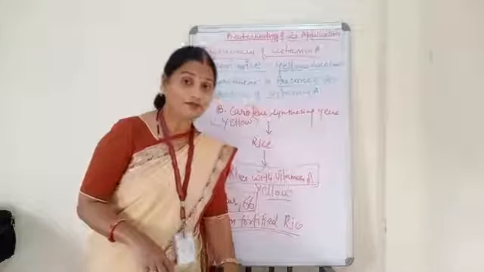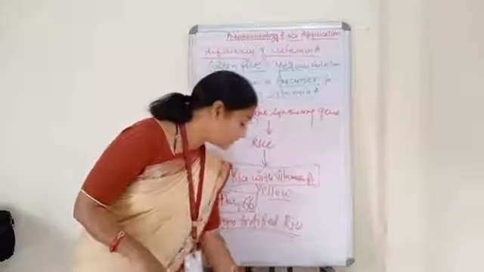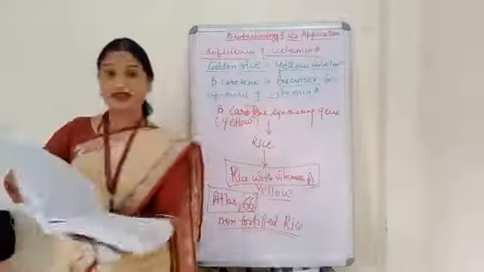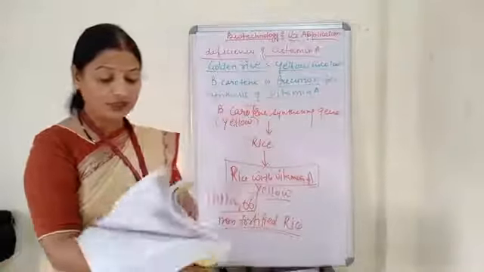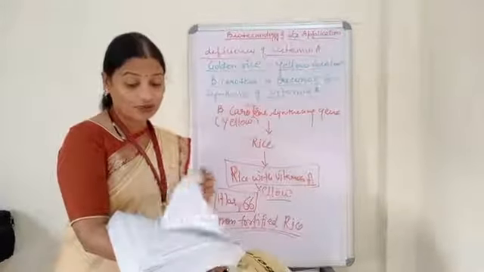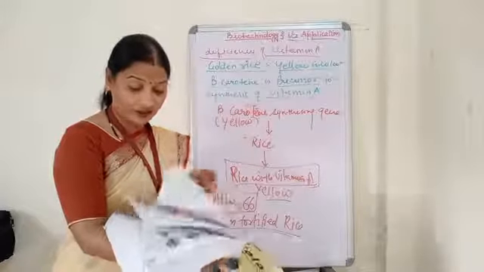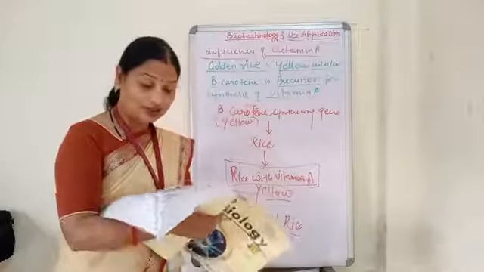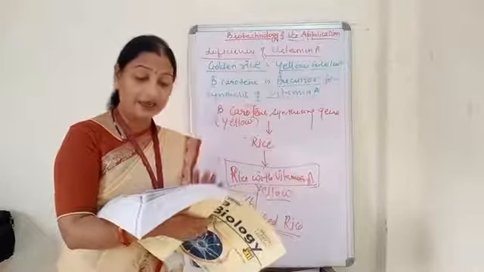And now I think the applications in agriculture have been completed. If you open your syllabus and go through it, you will see that we have completed all the applications in agriculture.